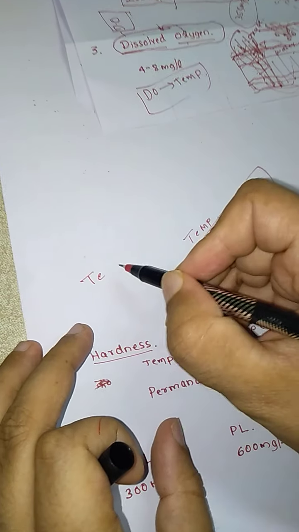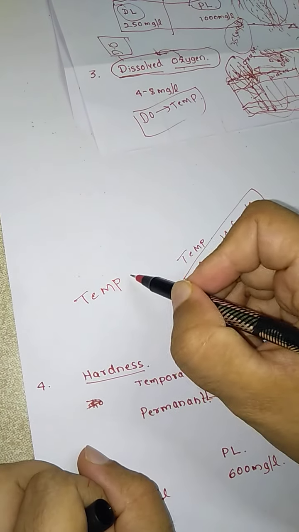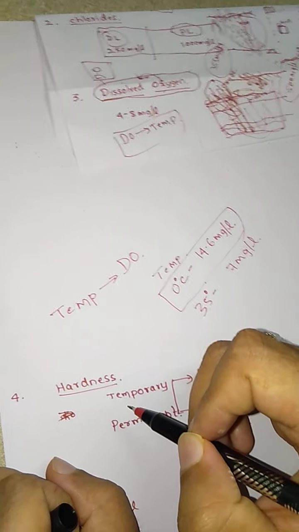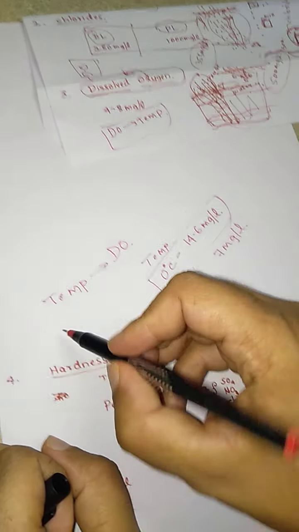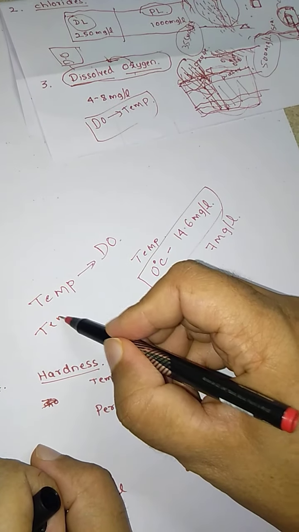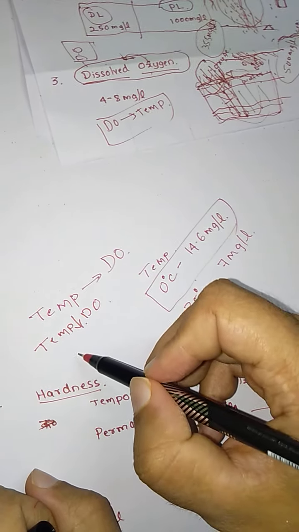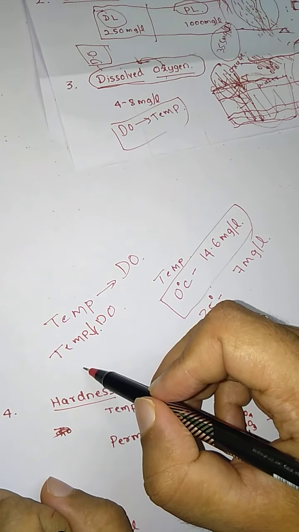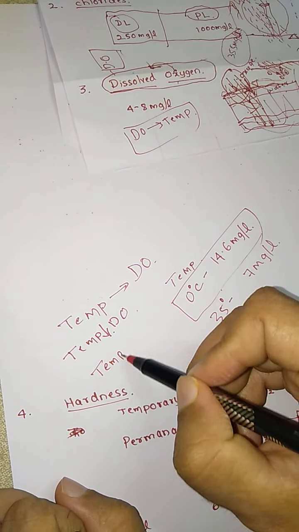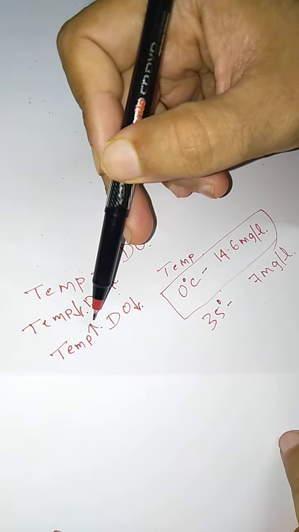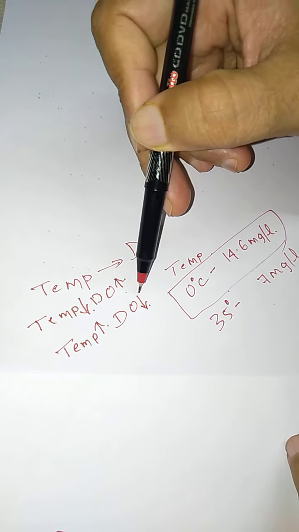That means temperature and DO are inversely proportional to each other. As temperature increases, DO decreases.